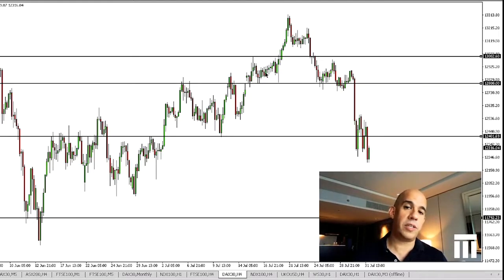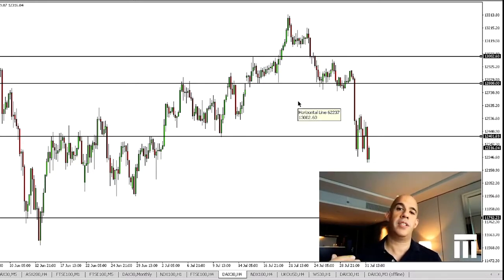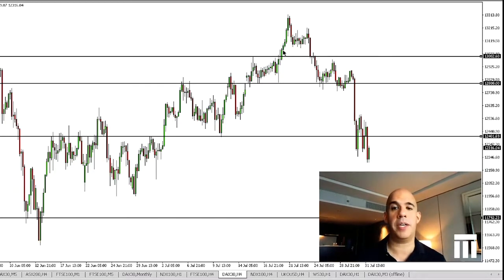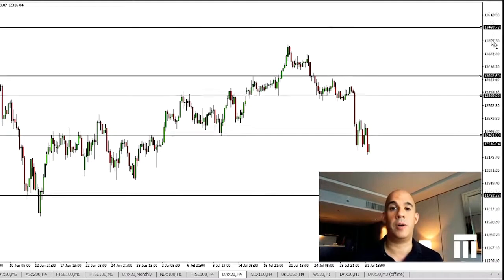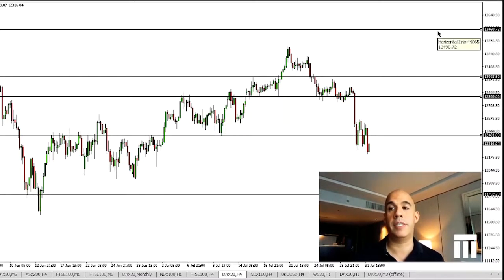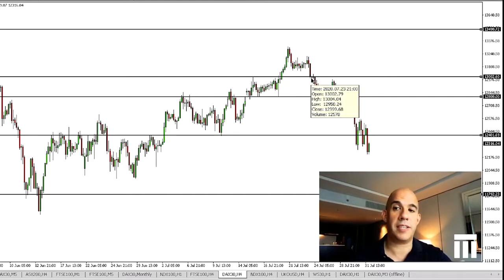So you're always underpinning these levels and just understanding where we are, potentially neutral, or positive or negative, and what those support areas and zones are in the market. So while we were above 13,000, we were calling a move to 13,500, but we broke 13,000 and moved back down to the 12,800.